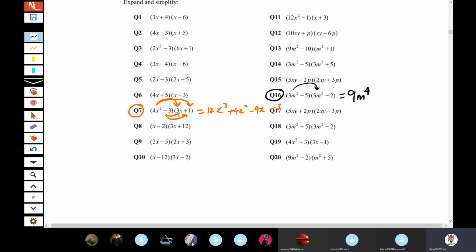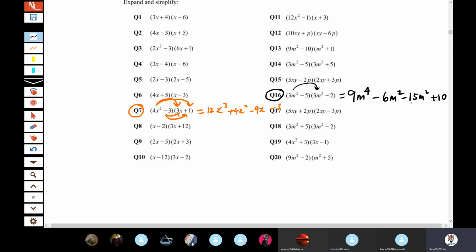Do I still need to draw the arrows? No, not really. Okay. Well, 3m squared times -2 is negative 6m squared. And then -5 times 3m squared is negative 15m squared. And then -5 times -2 is positive 10. Good job.